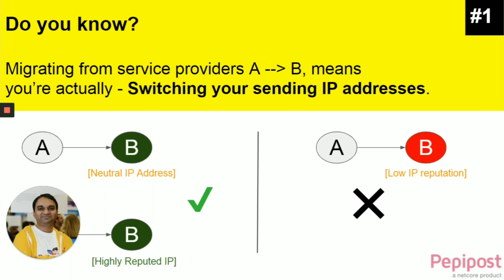You should first check the reputation of the IP addresses which the vendor is going to assign to you, to ensure that your emails are not going to hit spam and you do not face email deliverability issues. That is point number one which you should keep in mind.